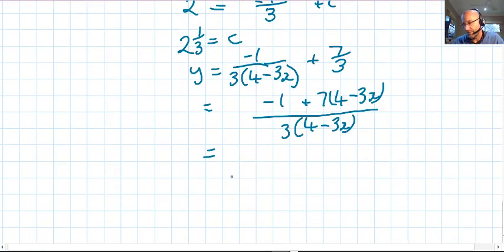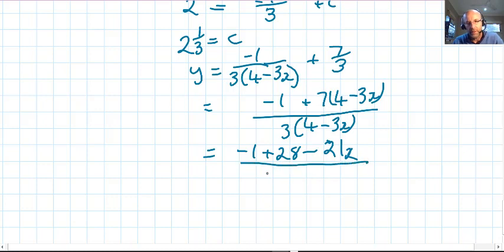And it's really just algebra from here. So we have negative 1 plus 28 minus 21x. So negative 1 plus 28 minus 21x. I know it's coming up, so I'm just going to leave the bottom factorized.